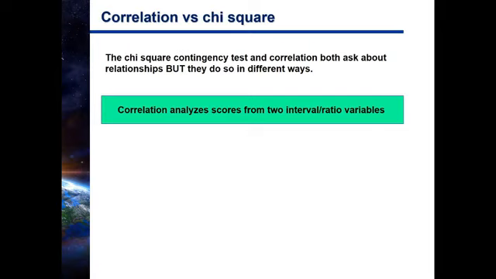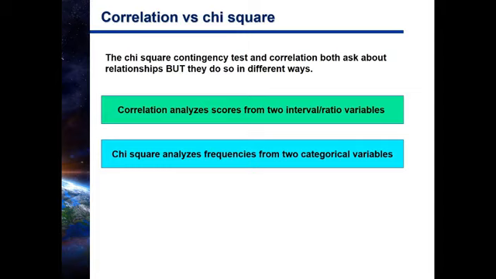If we look at chi-square, chi-square analyzes frequencies, and your two variables are categorical. So variable A might have started off as an interval or ratio variable. For example, we might take the temperature outside in degrees Fahrenheit.